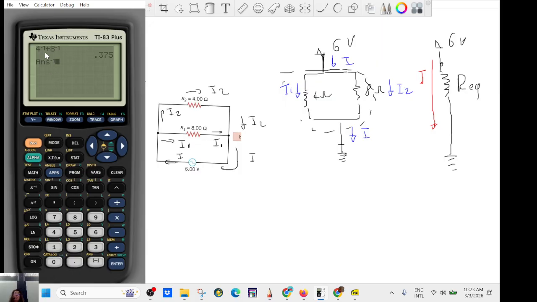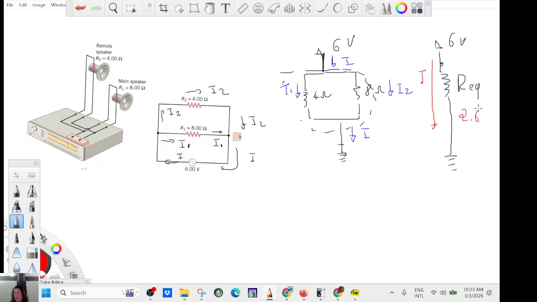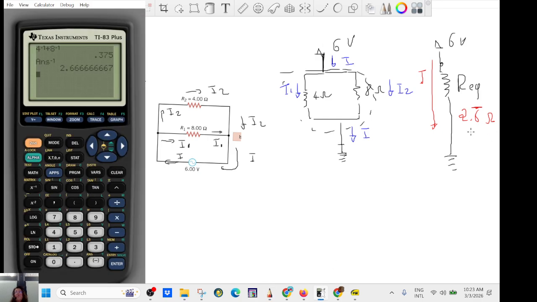So 4 to the minus 1 plus 8 to the minus 1, whatever you find to the minus 1. Boom. That will be 2.7 volts. Not ohms, 2.6666 ohms, you see?